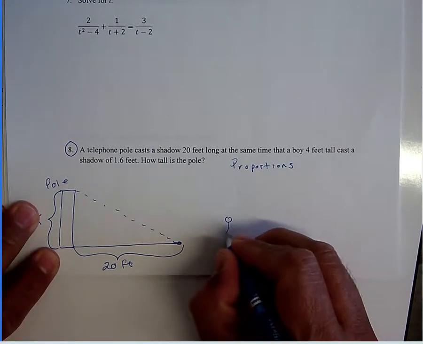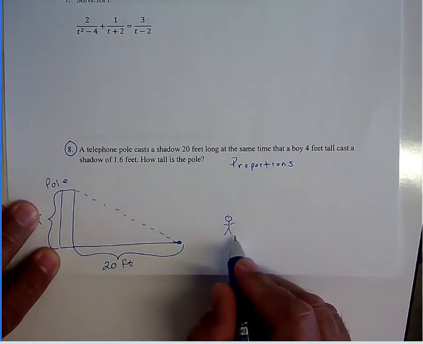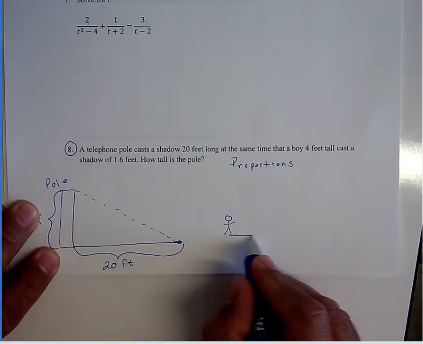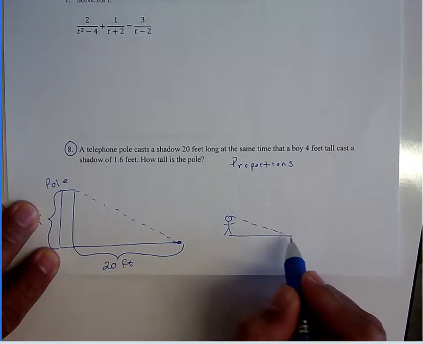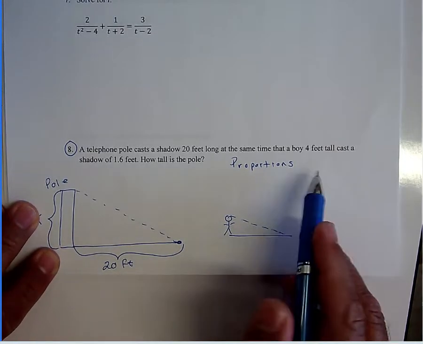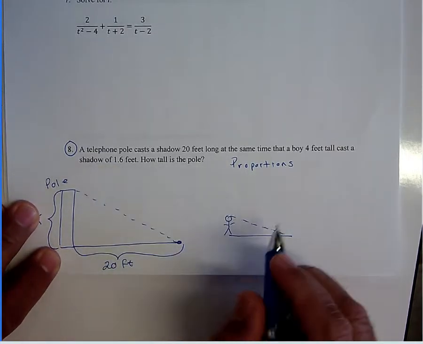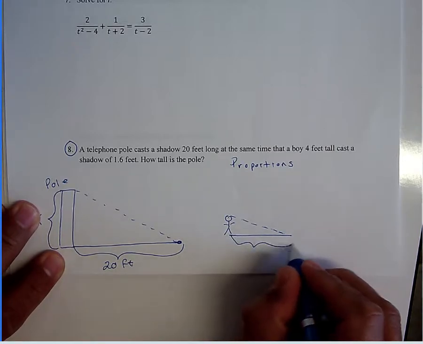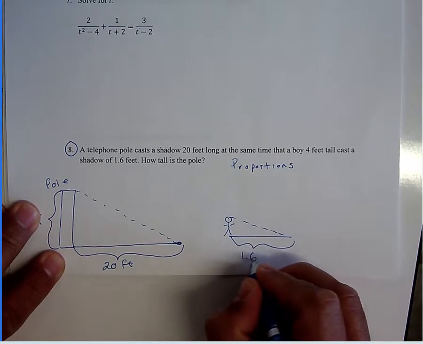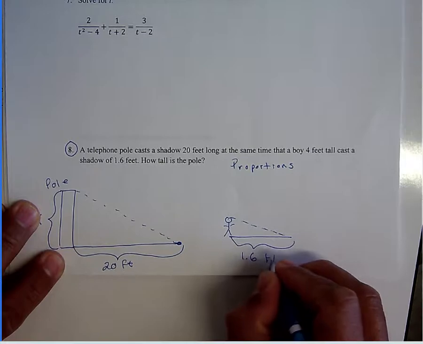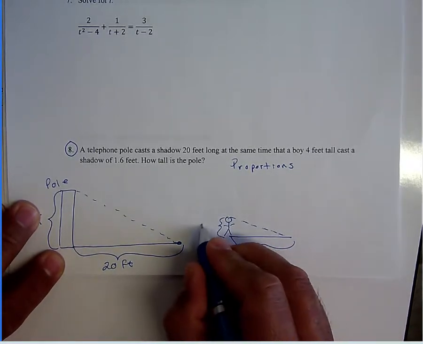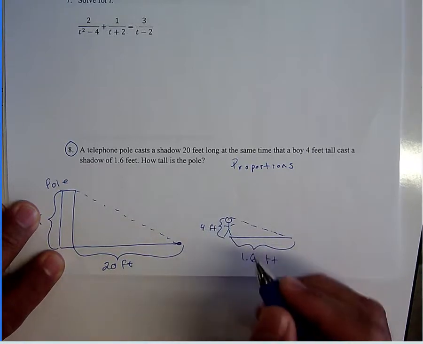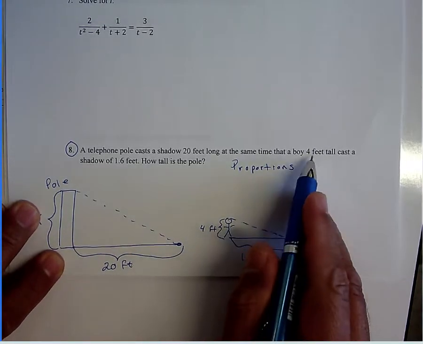I'm gonna draw a boy like that, and the length here, and then this line. The shadow of the boy is 1.6 feet. And we know the boy is 4 feet tall. That one's given right here.